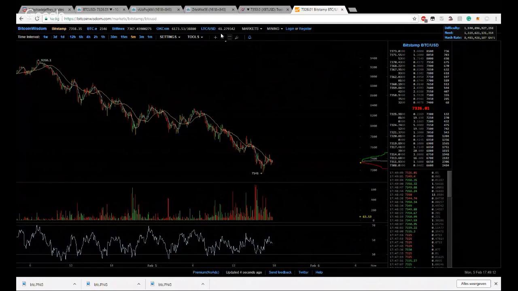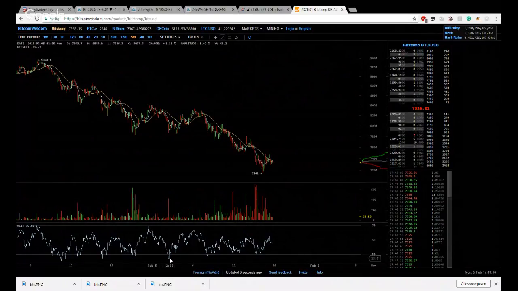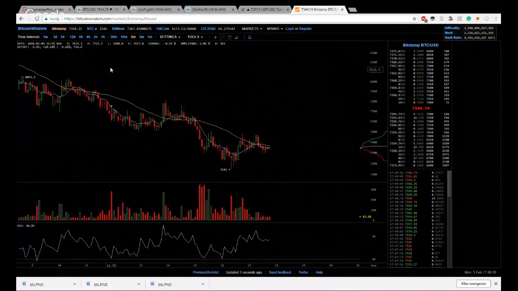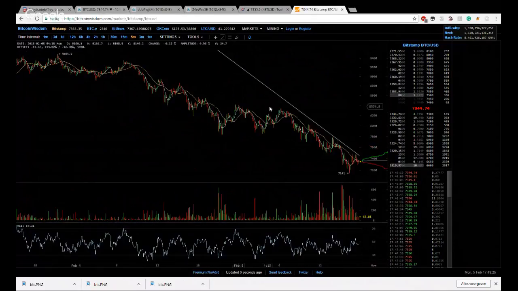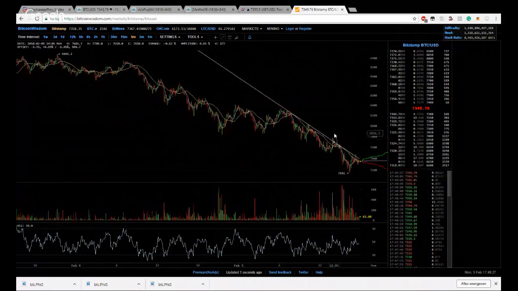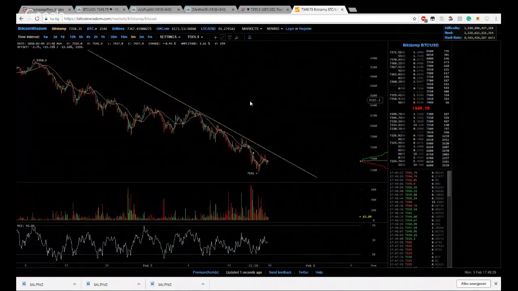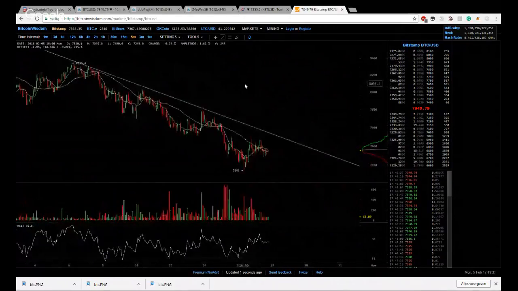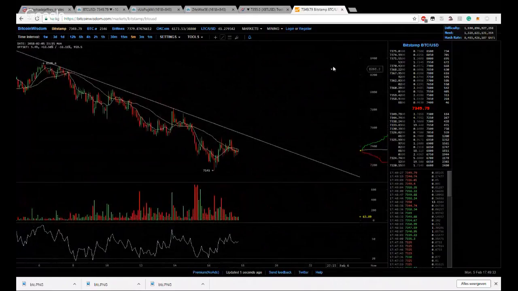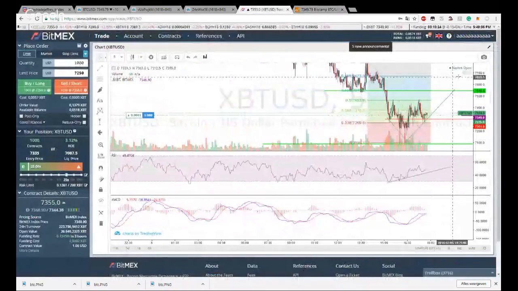And as you can see, actually the whole RSI has been making higher lows from here. So, you know, this could potentially be a nice trade. Or it will not be. I see this channel cannot be found on BitMEX, if I am correct.